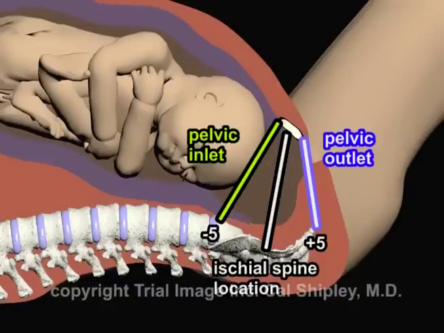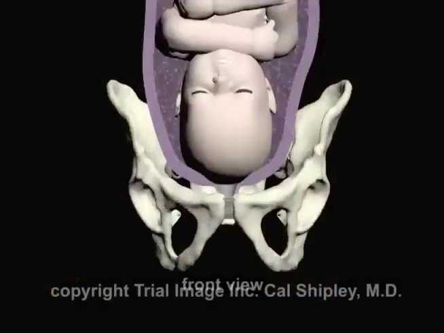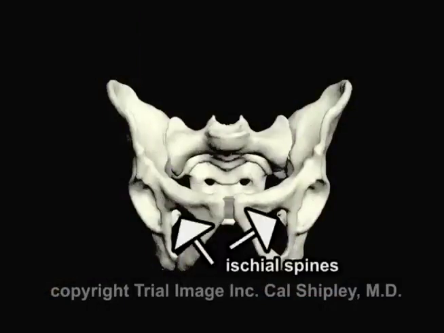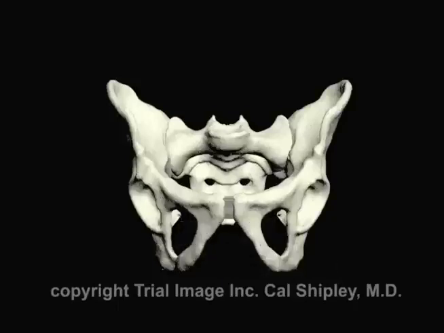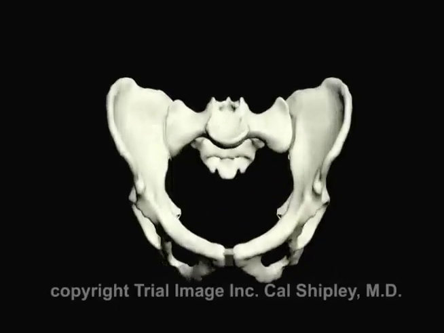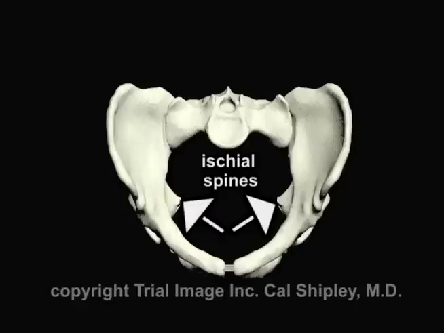The ischial spines are difficult to depict on a cross-sectional side view, so let's switch to a frontal view to clarify their anatomical position. Rotating to a view from above the pelvis gives us an even better look.